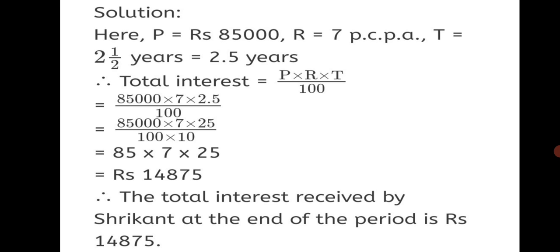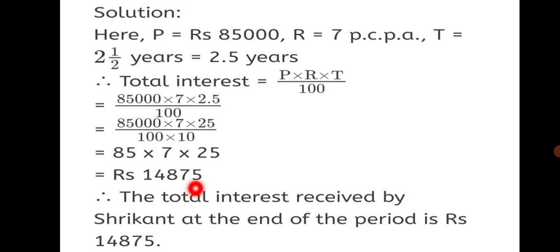When we remove the decimal point, we take it upon 10. Now, reduce the 3 zeros with here and you will get 85 into 7 into 25, which is equal to 14,875. So this is the interest.